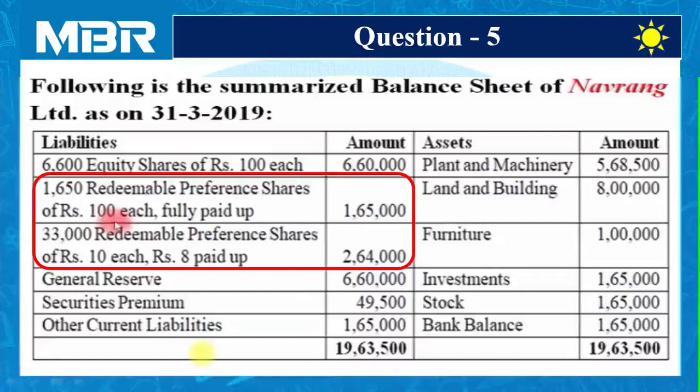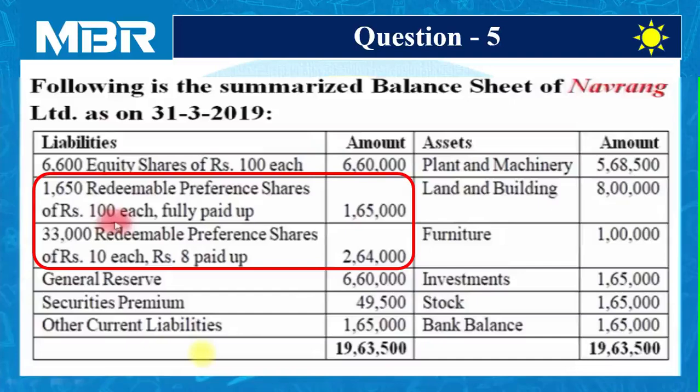Then we have general reserve 6,60,000, securities premium 49,500, which is available on liability side of the balance sheet. Other current liabilities rupees 1,65,000. Now analyze the details available on asset side of the balance sheet.